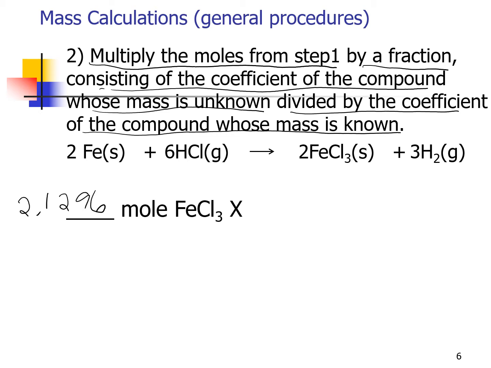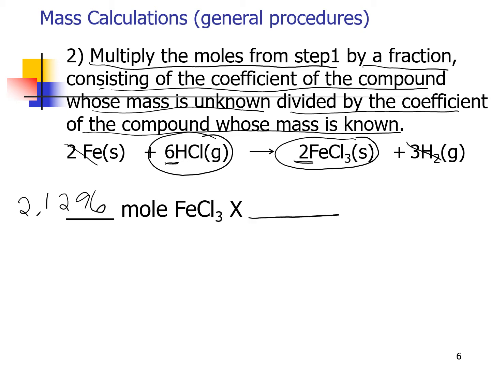So the coefficient of the moles that is known is FeCl3. We have a coefficient of 2. The unknown, what we're looking for, is moles of HCl. So we will not be using iron or hydrogen coefficients.